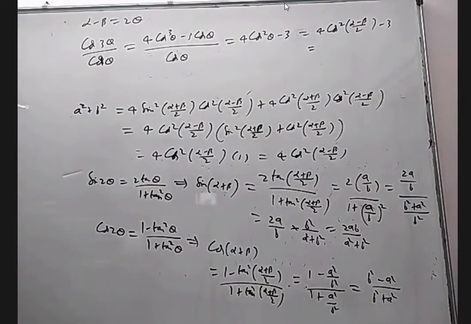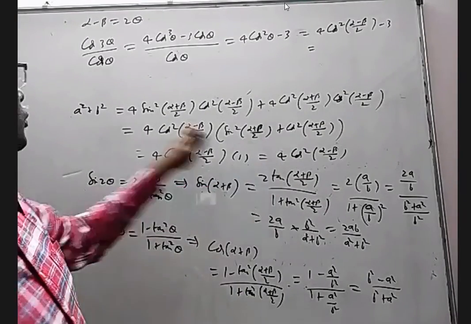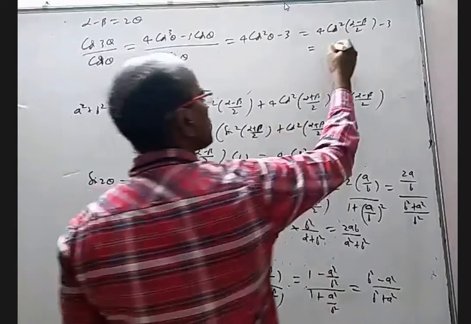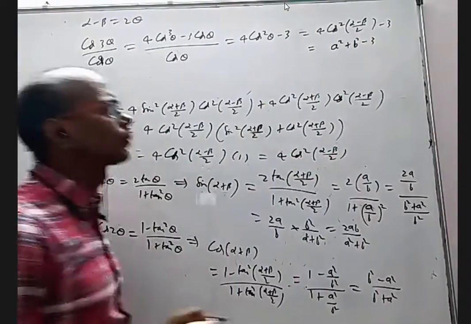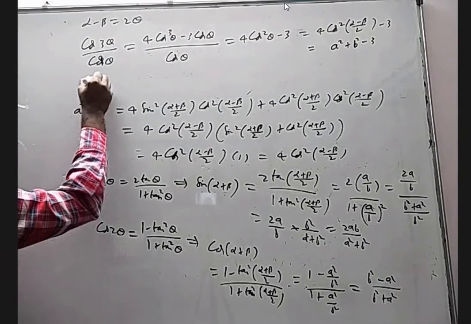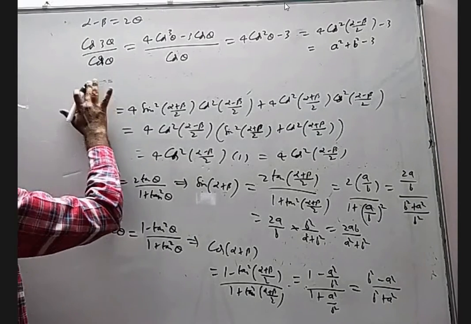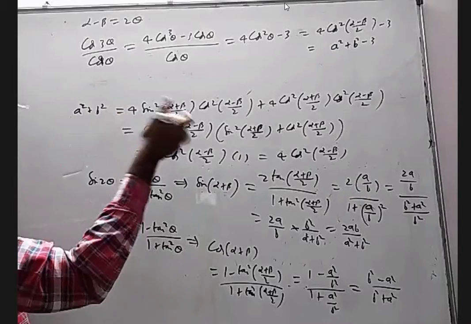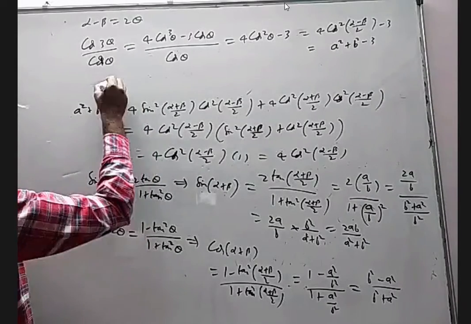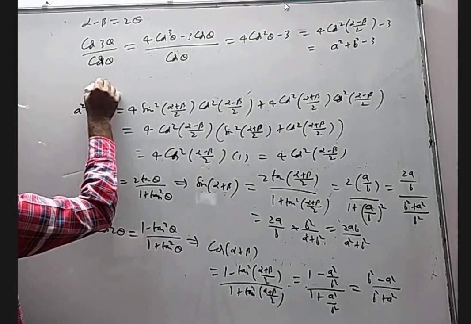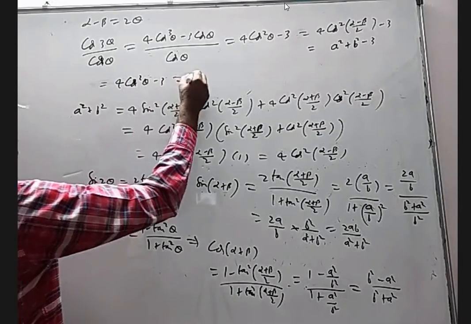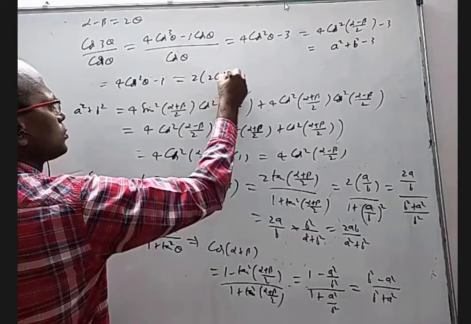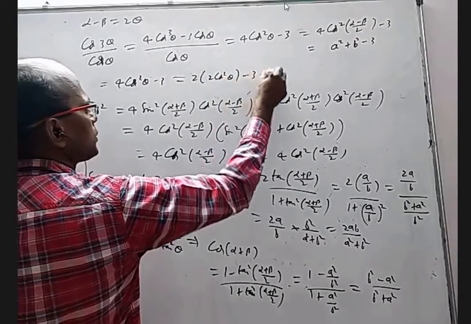What did we get? 4 cos square of alpha minus beta by 2 is a square plus b square. So you can write here a square plus b square minus 3. If you are not done by the second method and want to do by the first method, then this 4 cos square theta minus 3, you can write 2 into 2 cos square theta minus 3.